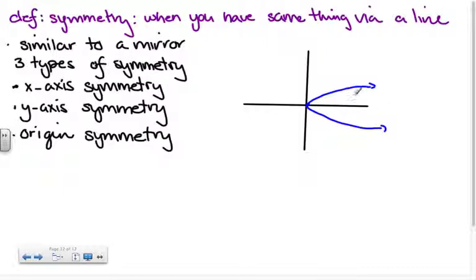Here we have symmetry with the x-axis. So here's our x-axis. This is our type A. This is what x-axis symmetry looks like, where you see exactly the same thing on the opposite side of the x-axis.